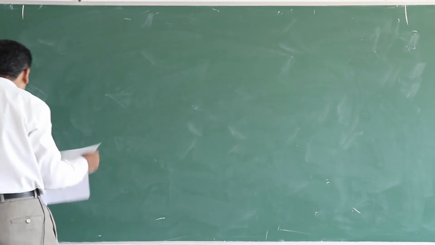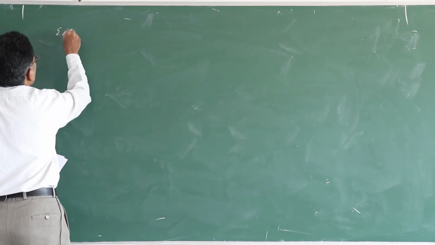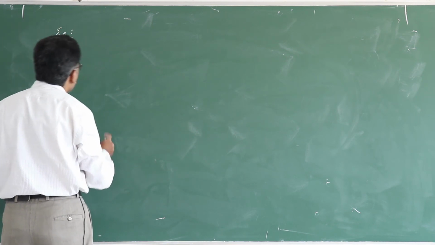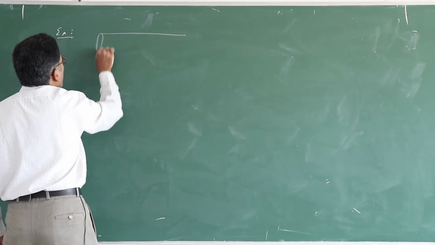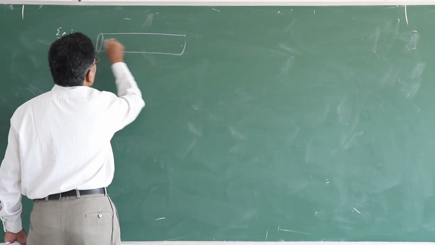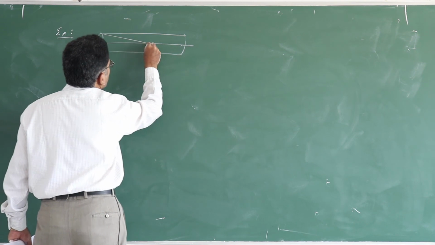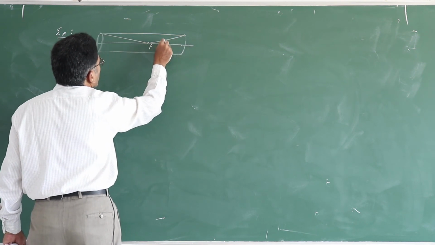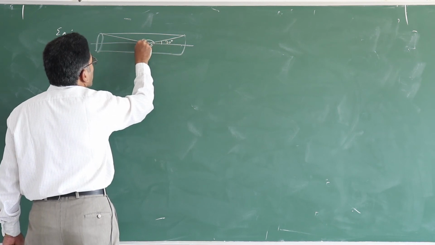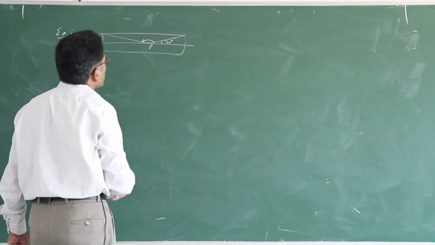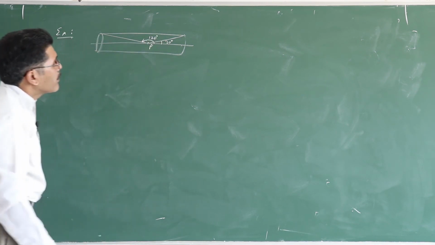Suppose you have a solenoid carrying current and point P somewhere here. It makes an angle, see this is 30 degrees and this one is 120 degrees. What is the magnetic field at P?